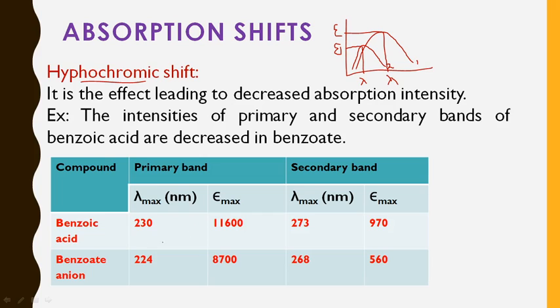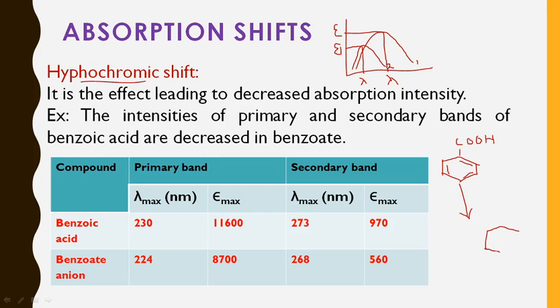An example for this case is benzoic acid to benzoate anion. Take benzoic acid, converting benzoic acid into benzoate anion. This is the example for hypochromic shift, that is, a decrease in the intensity.